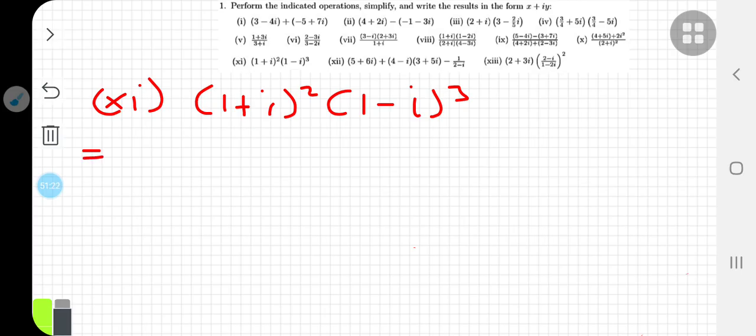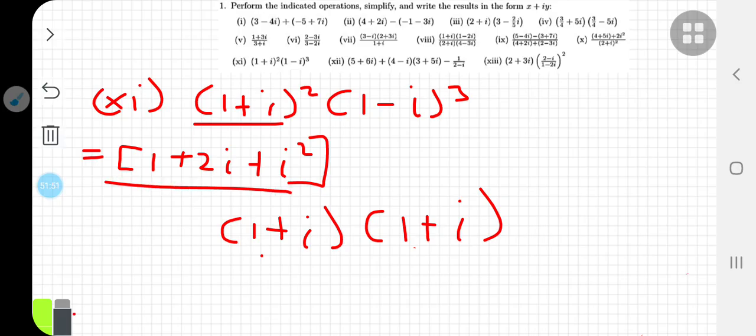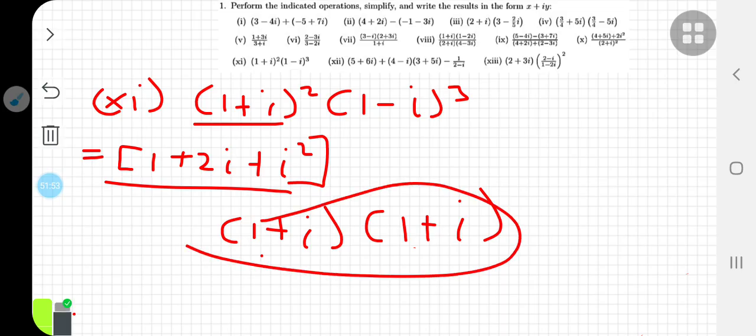If I simplify this first part, I'm going to have something like 1 plus 2i plus i squared. So if you don't like doing what I'm doing, you can just say 1 plus i, multiply again with 1 plus i, and start multiplying one by one. If this confuses you, just go with the direct one.